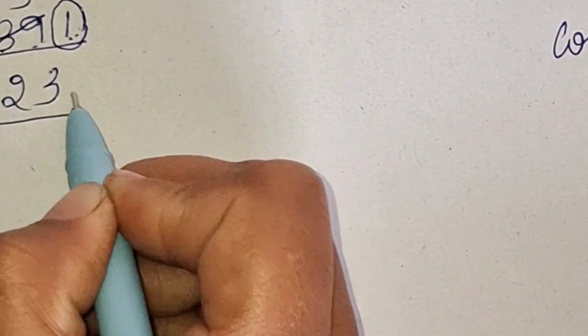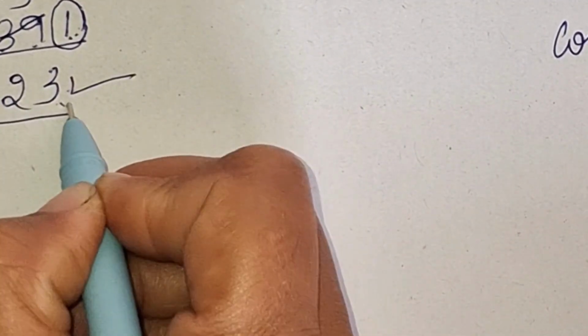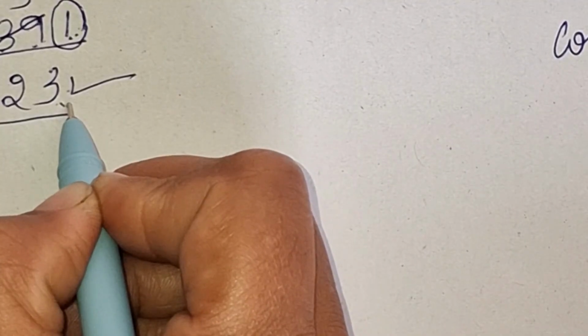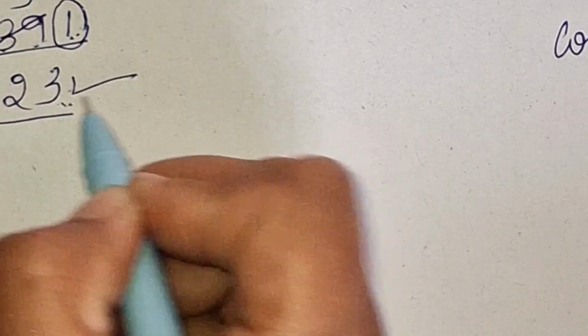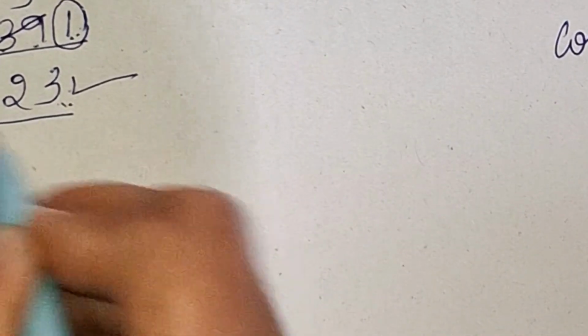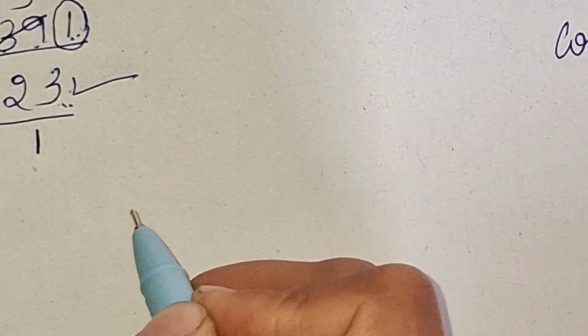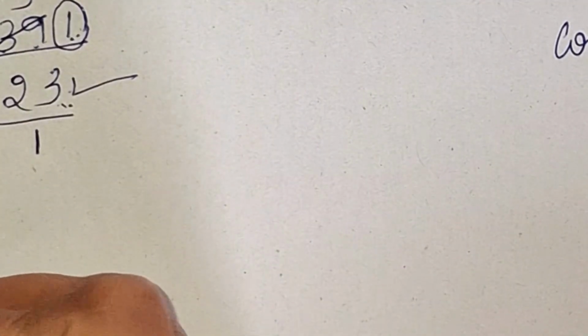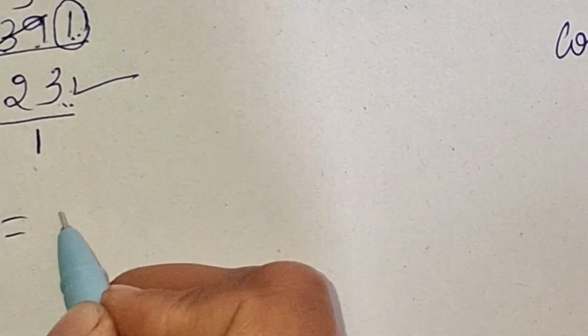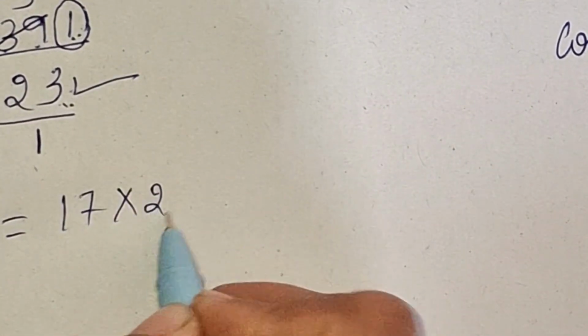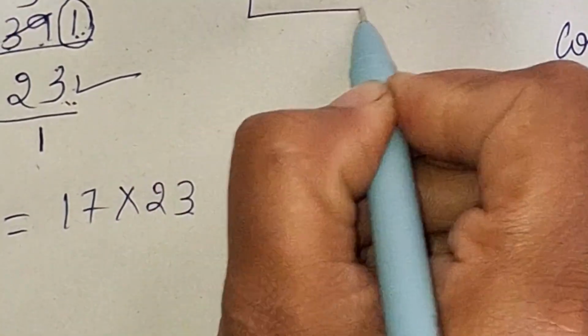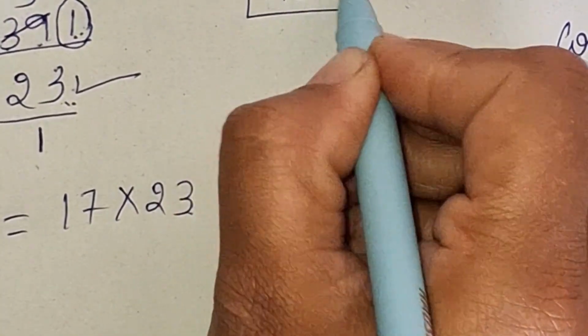Then we observe that 23 is a prime number, which is divisible only by itself and 1. So 23 ones are 23. So the prime factors of 391 are 17 into 23.